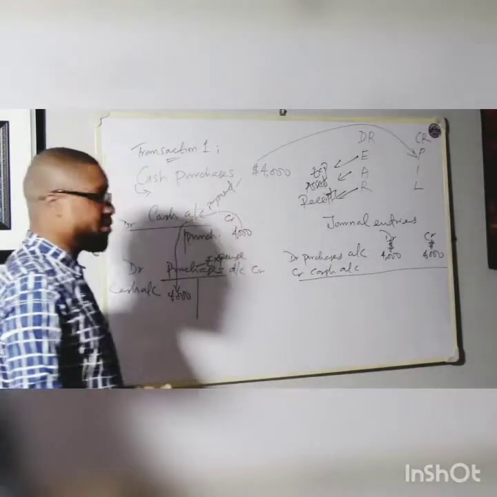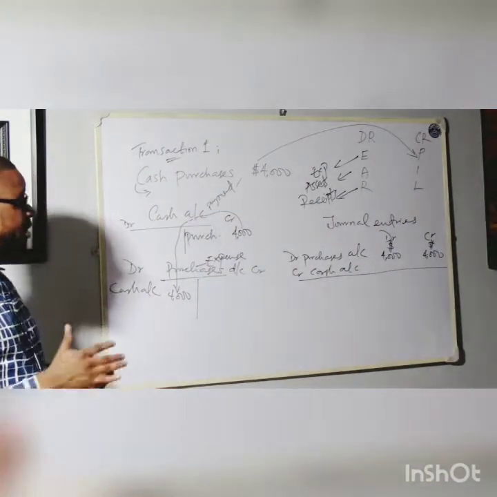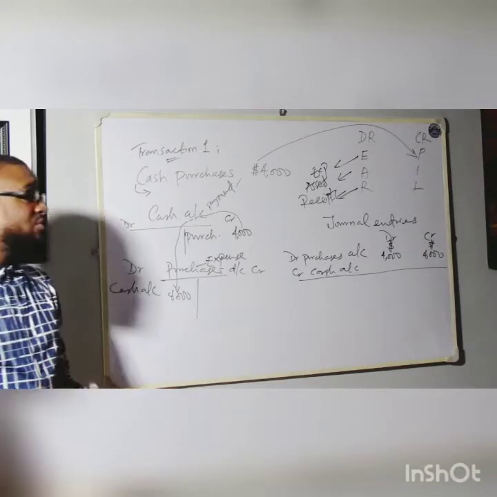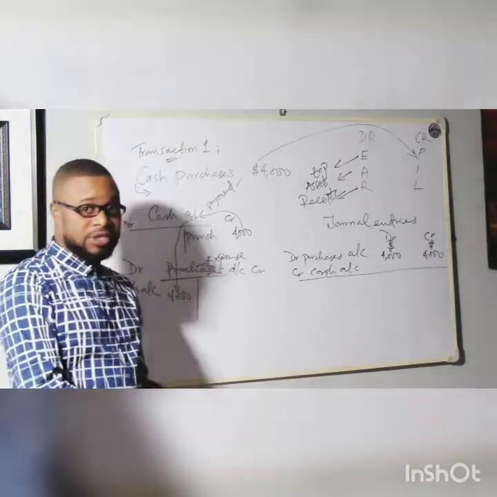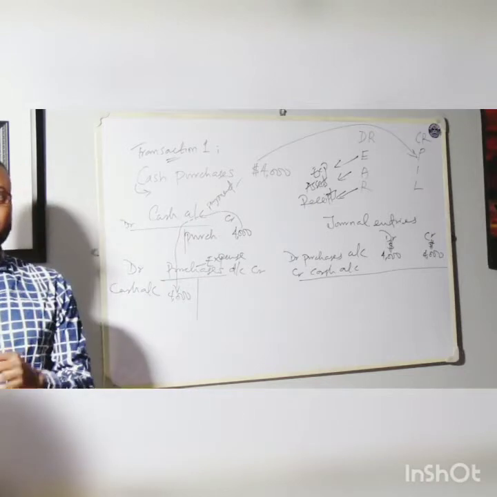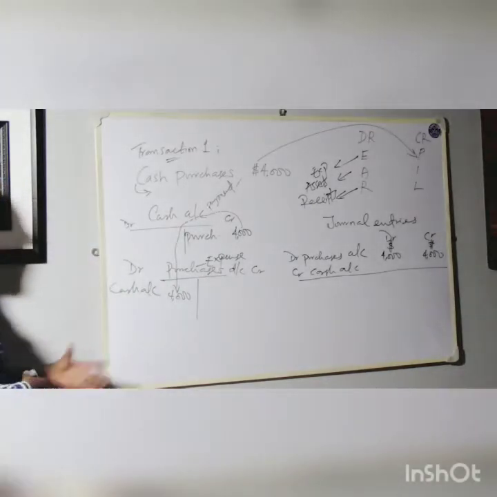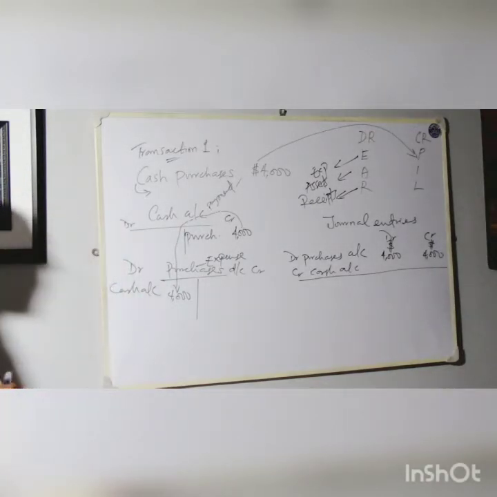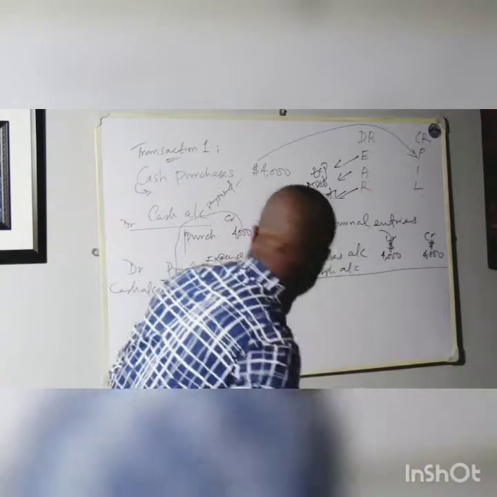This is your journal entries. Very simple. So your journal entries is talking about which account should receive the debit entry and which account should receive the credit entry. That's what we got for the first one. Let us proceed to transaction number 2.